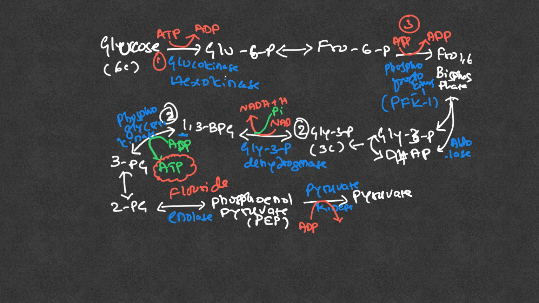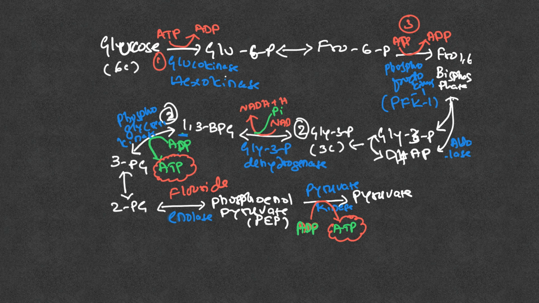Let me change the color, because we are making an ATP here, unlike consumption of ATP. So there is formation of ATP in this reaction. This is a high energy phosphate that is formed here, and that's why pyruvate kinase is another example of substrate level phosphorylation.